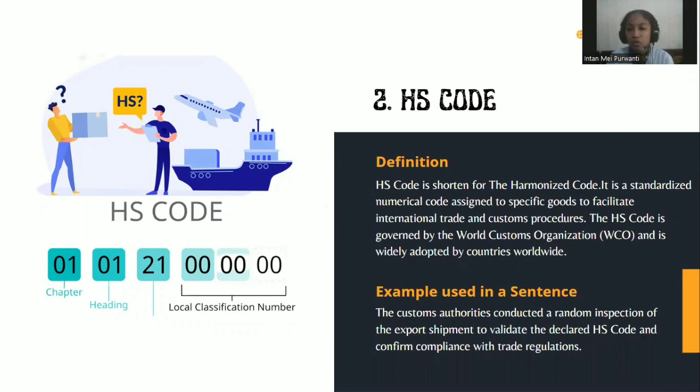Basically, it is a standardized numerical code assigned to specific goods to facilitate international trade and customs procedures. An example sentence: the customs authorities conducted random inspections of the export shipment to validate the recorded HS code and confirm compliance with trade regulations.